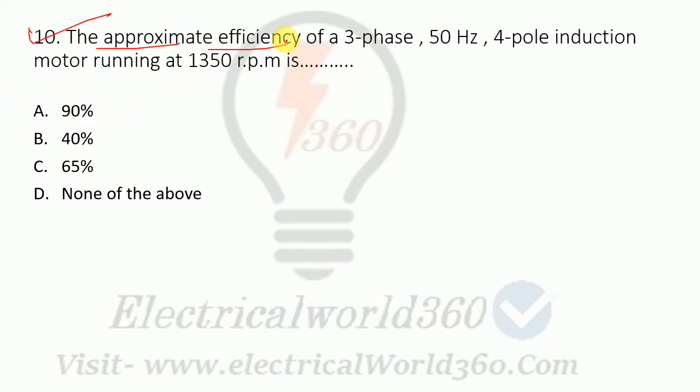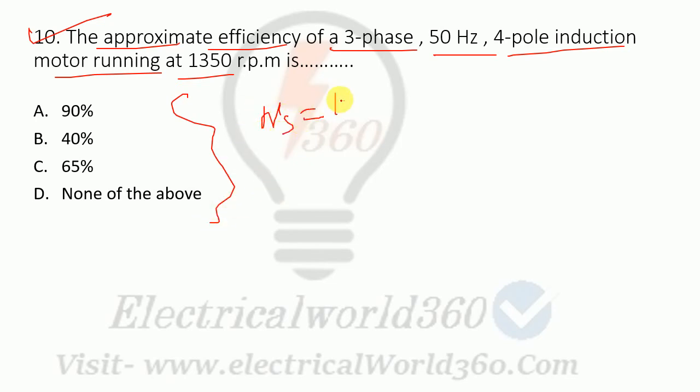What is the approximate efficiency of a 3-phase 50 Hz 4-pole induction motor running at 1350 rpm? So these are the options. So in this case, as we know, Ns is equal to 120 f by P. So here the frequency is 50 Hz and the number of poles is 4, you can see here.